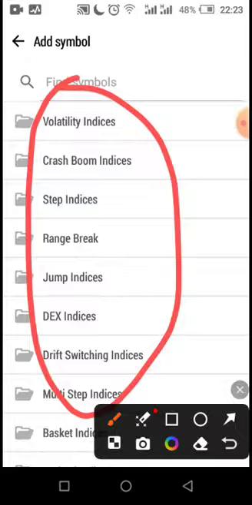Synthetic indices are just algorithms made by the same market makers who made financial instruments. They are indices which do not really base their price on any real-life product, although Deriv does claim that they simulate real world markets of financial instruments.